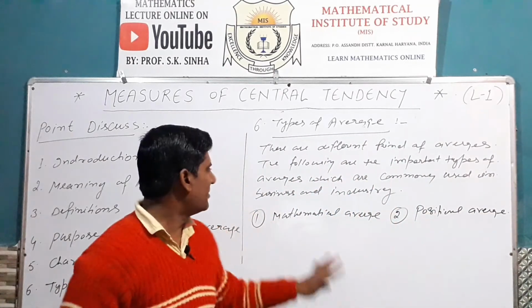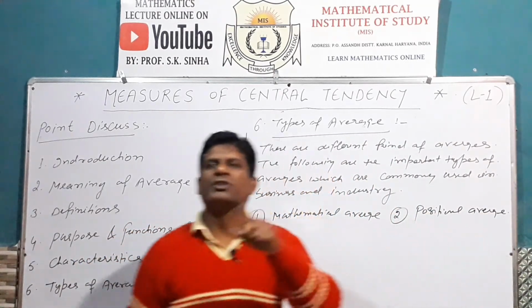Number one, mathematical average, and number two, positional average.